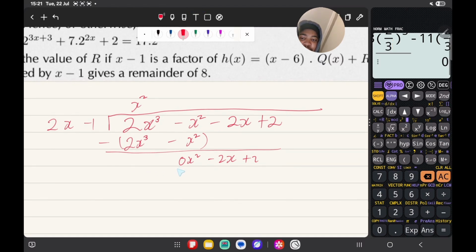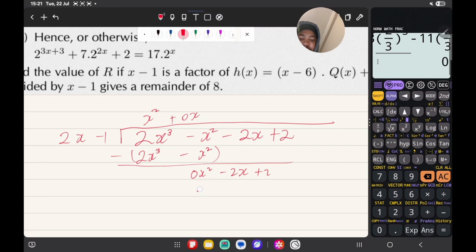Then I'm going to have plus 0x, then I have 0x squared plus 0x. I'm subtracting, won't make any difference. Minus 2x plus 2.